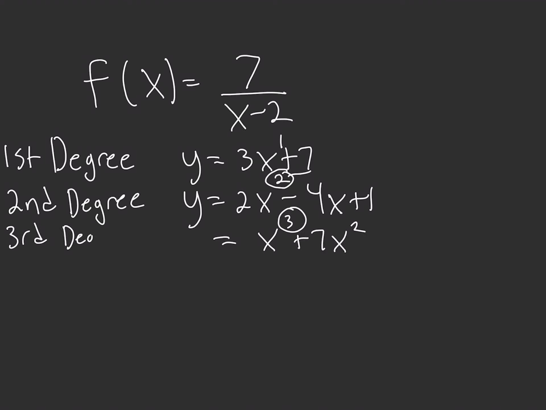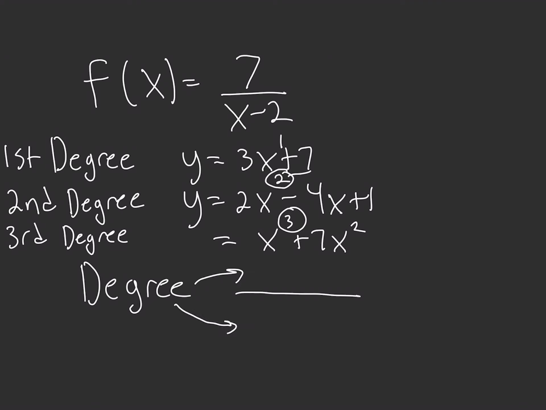So we need to know that, and the reason we need to know that is because we need to compare the degrees. I want to look at the degree in the numerator, and then I want to look at the degree in the denominator, and I'm going to compare them. So there's going to be three things that you can get.